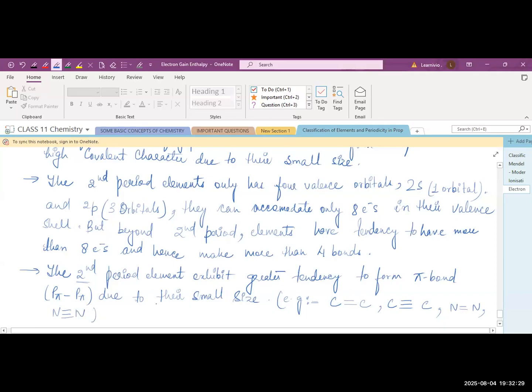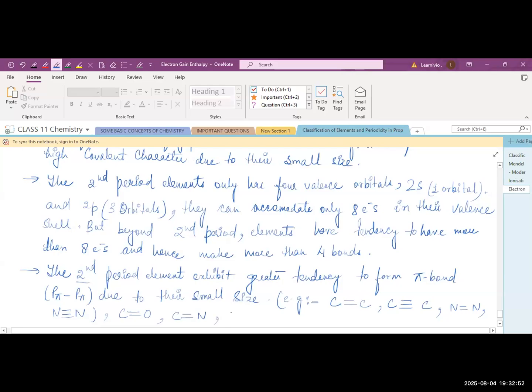Similarly, they are combining with themselves. Now if they combine with something else, like carbon and oxygen, they also form the pi bond, right? Carbon double bond oxygen, carbon and nitrogen double bond.